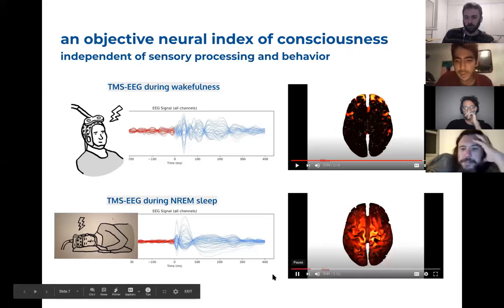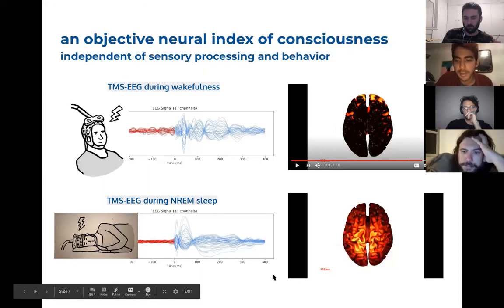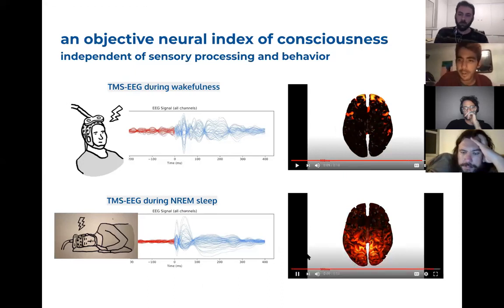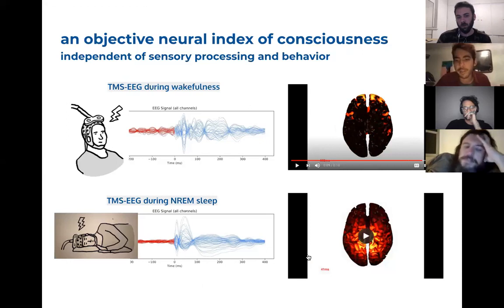This is the same area. The response just collapses into a really stereotypical and simple slow response. So it's not that your brain is inactive, it's still reacting. It's just that it lost all its spatial diversity and temporal complexity.